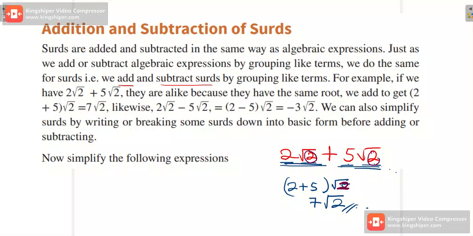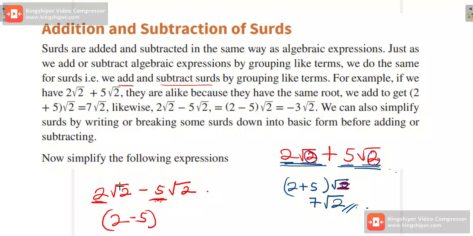We can also pick another example: 2 root of 2 minus 5 root of 2. Here, the rational numbers are 2 and 5, and they are the like terms. So we need to subtract 2 minus 5.